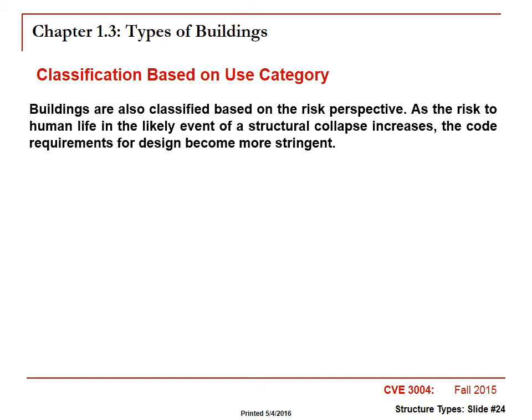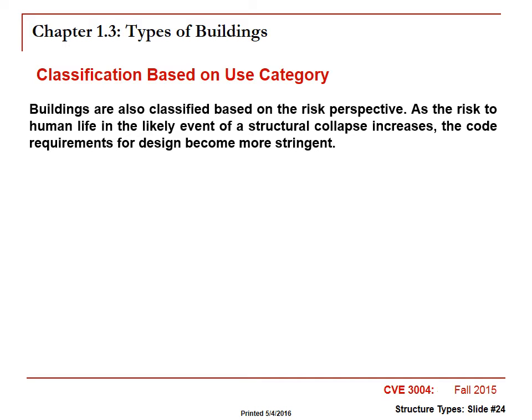You also hear us talk about use category, and again, this shows up in the building code, but this also shows up in our ASCE 7 document, where we'll talk about the types of structures and how they are used, and we'll talk about them differently.